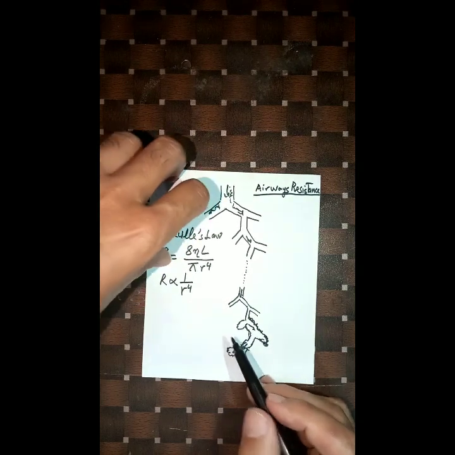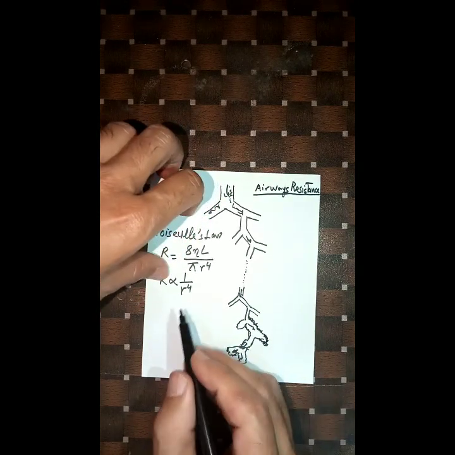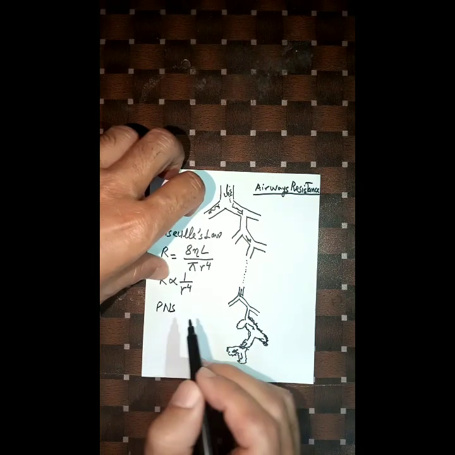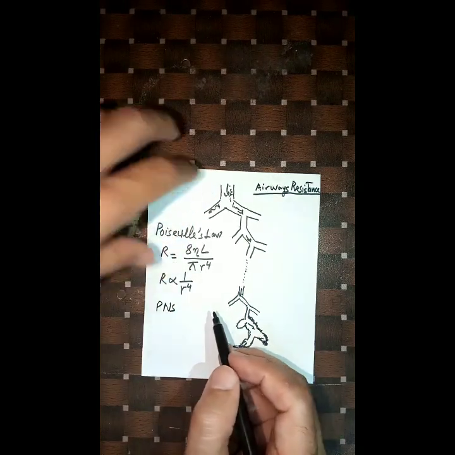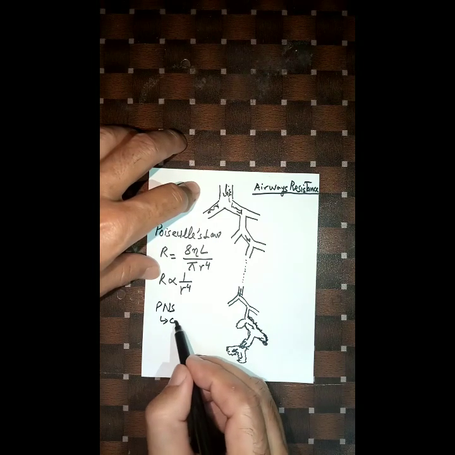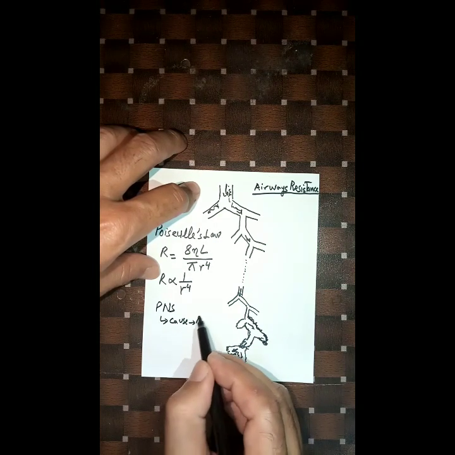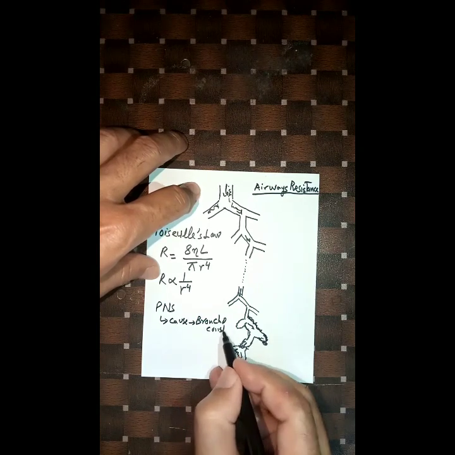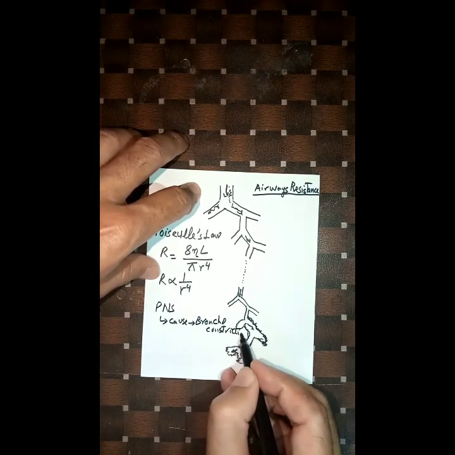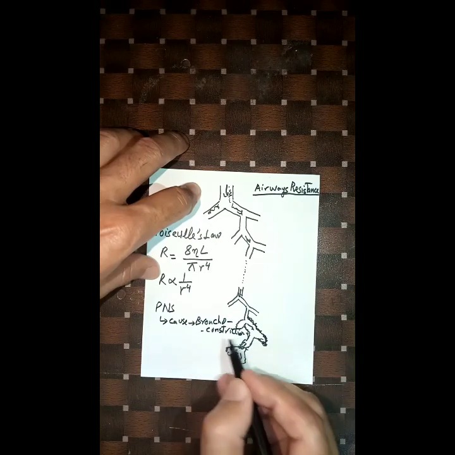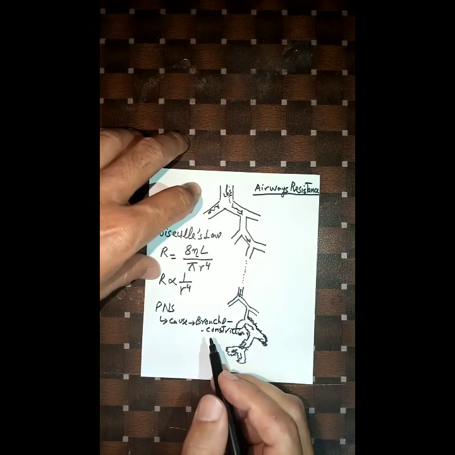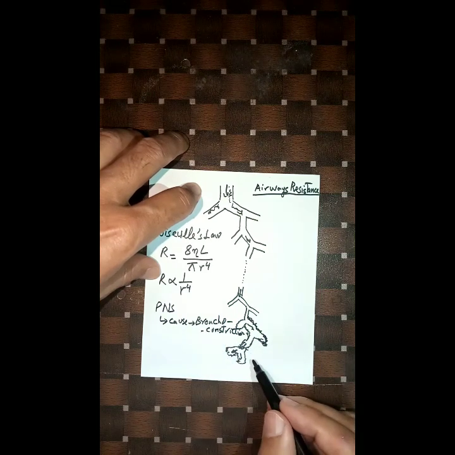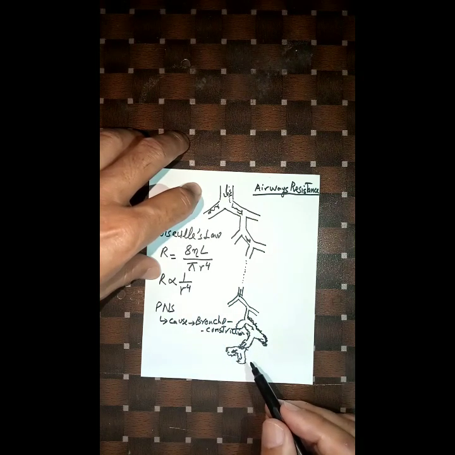The bronchiolar smooth muscles are primarily innervated by parasympathetic nervous system that causes bronchoconstriction, a reflex needed to protect lower respiratory tract to irritants.